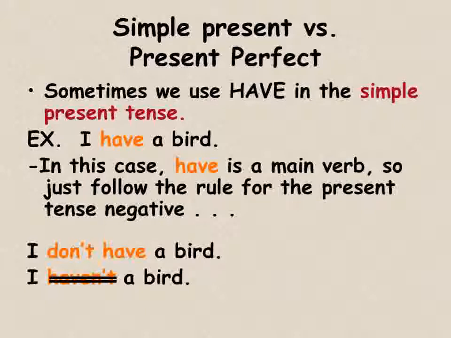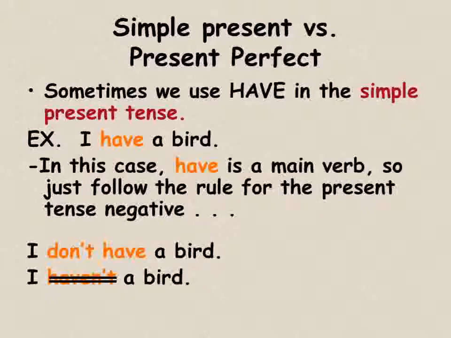Sometimes we use have in the simple present tense, and it's just like any other simple present tense verb. You could use like, you could use work, you could use talk. Have is just another verb. So if you look at the example, I have a bird. In this case, have is a main verb.